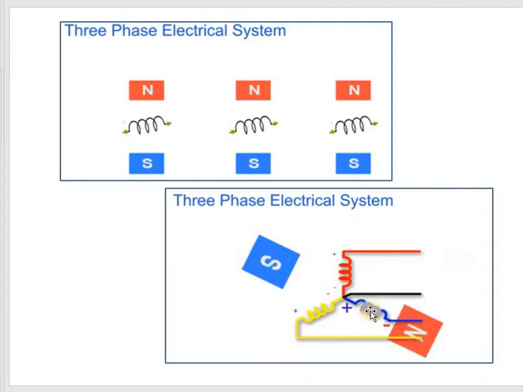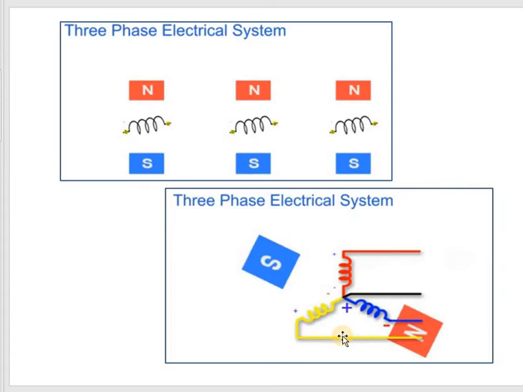So how does the three-phase electrical system work? It is by having three coils or conductors positioned 120 degrees apart with a rotating magnet around them.